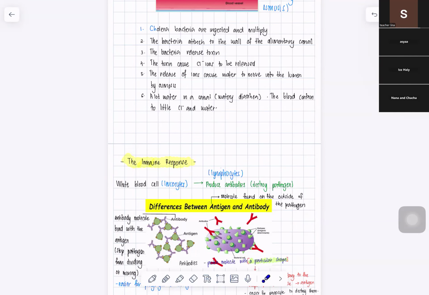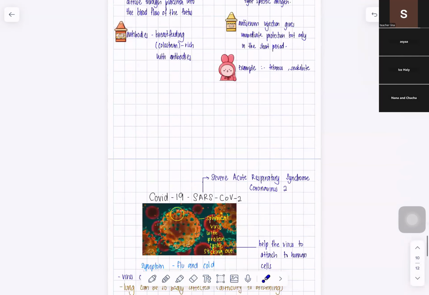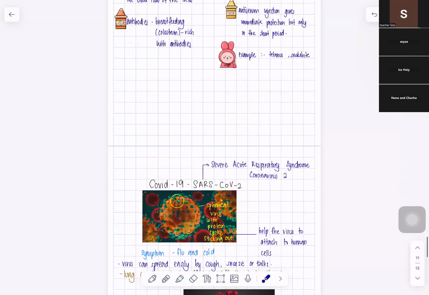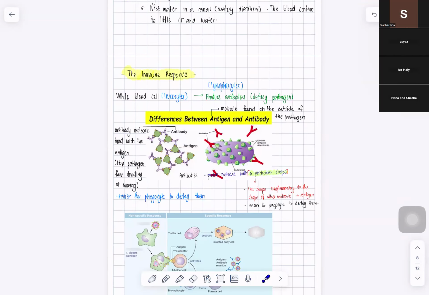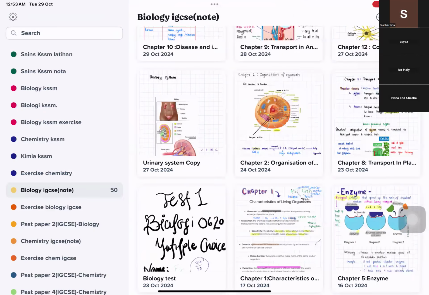Before we go to the immune response, natural and artificial immunity, COVID-19, okay, we take a break for 7 minutes. So now, okay, until 8 o'clock.